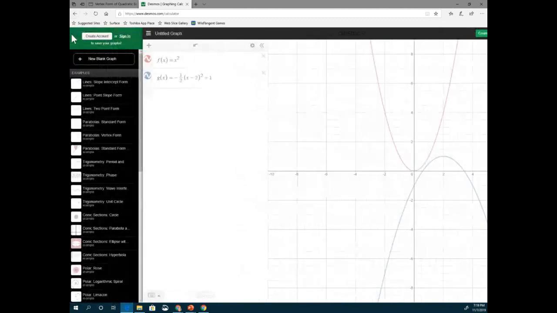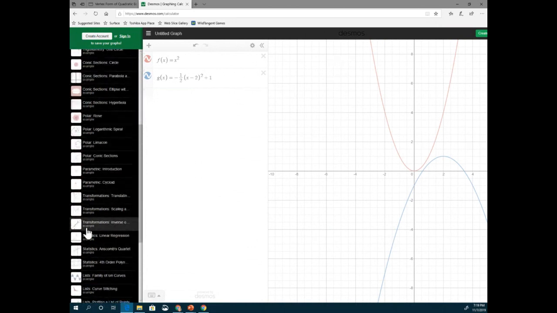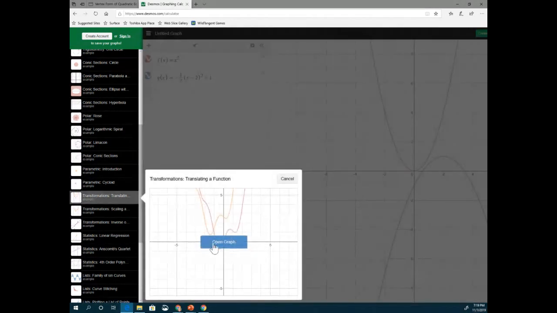Actually, I think Desmos has something on functions here. They actually have things on transformations. They have different examples. They have one on translating, which moves it left and right and up and down. Scaling, that's the stretch and the shrink.